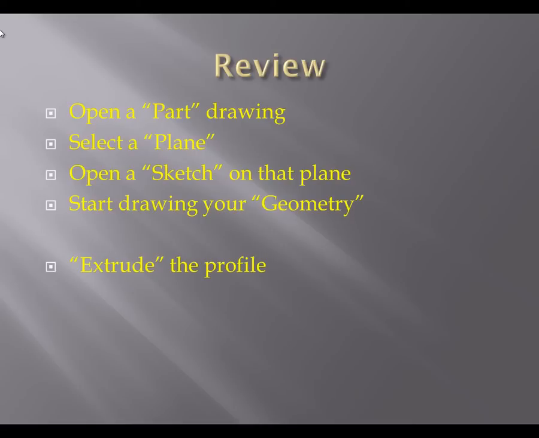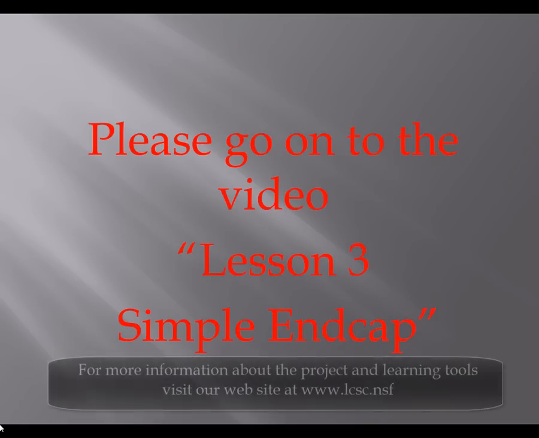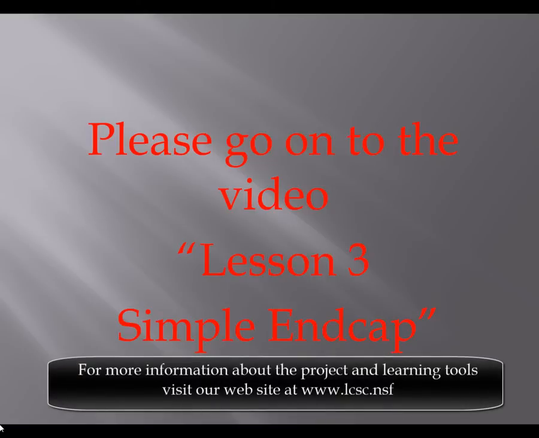If necessary, pieces of the main body may be cut away or subtracted. A sketch of a part profile may be revolved. This technique works especially well when a complex shape is desired. Please proceed to Lesson 3, Simple End Cap.